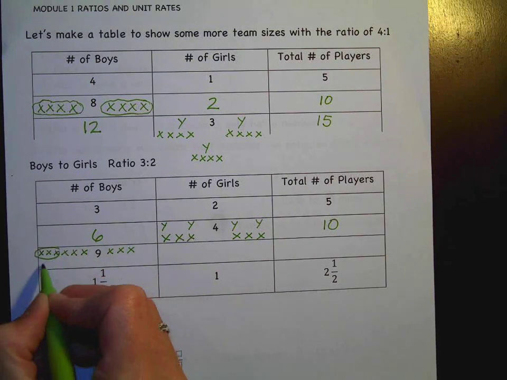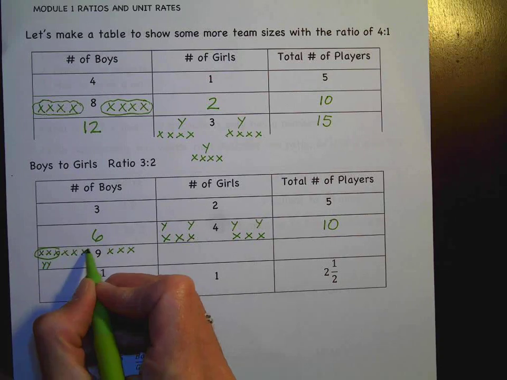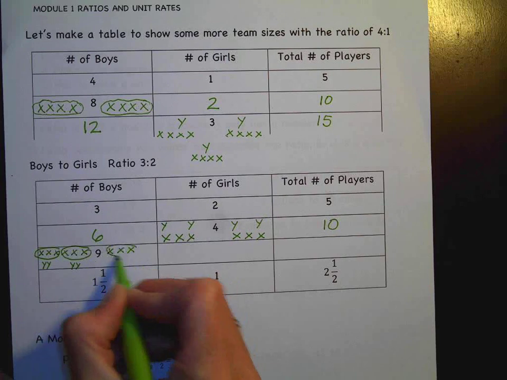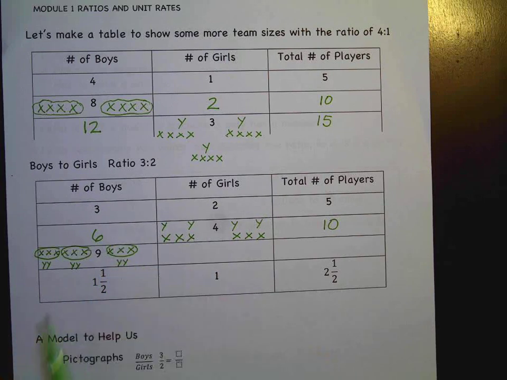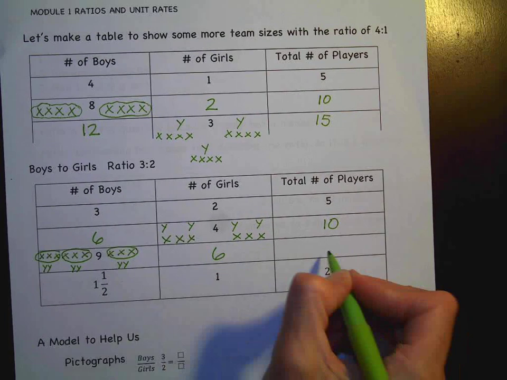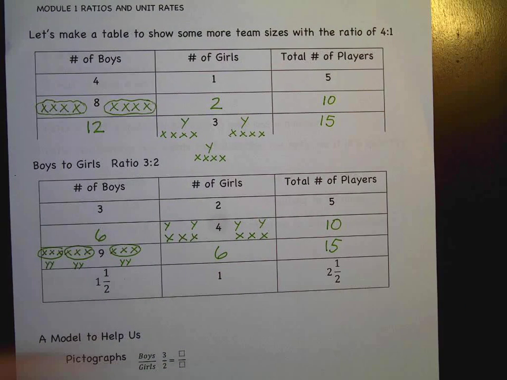And it says for every 3, there's 2 girls. So how many girls in total? 1, 2, 3, 4, 5, 6. So this one has to be 6. Okay? And then 9 plus 6 gives you 15.